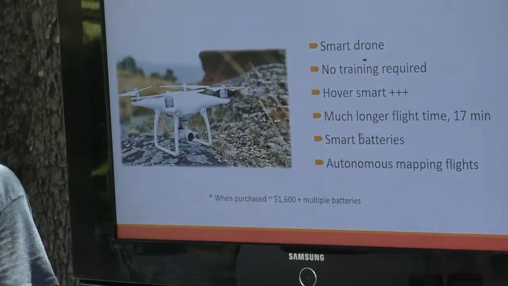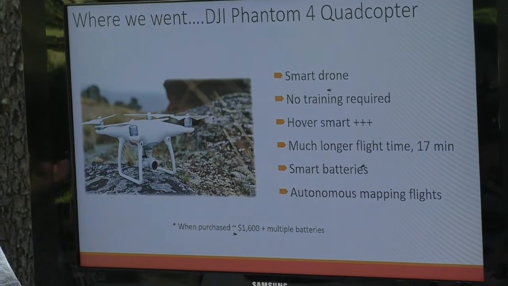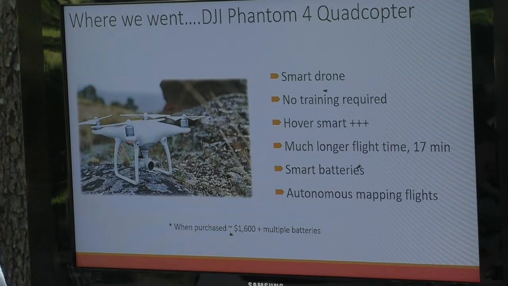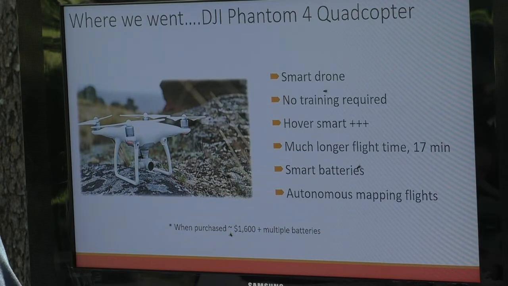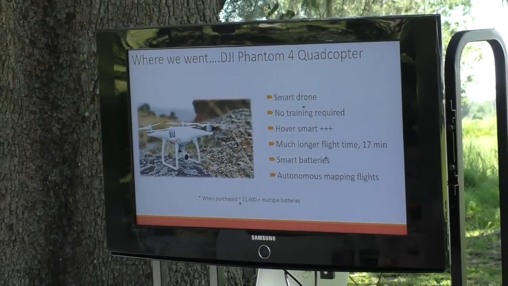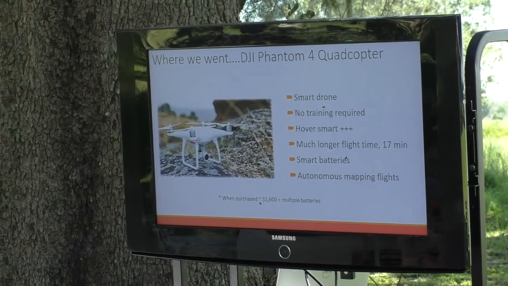I'll set the altitude, the accuracy, the overlap of images, and then it's going to basically create this flight plan, and the drone's going to launch and fly itself and take a picture when it needs to. The other cool thing is if you do like a 40-acre pasture with this drone, usually I have 2 to 3 batteries needed.